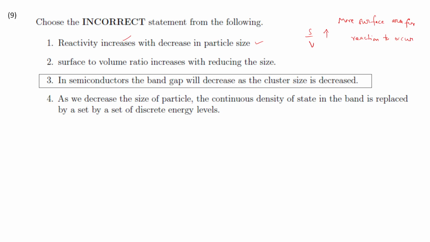The surface to volume ratio increases with reducing size. This we saw just in the previous question, so this is also true. In semiconductor, the band gap will increase as the cluster size is decreased. So this statement is false.